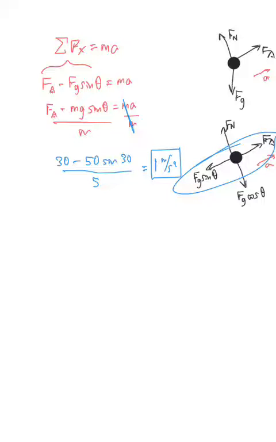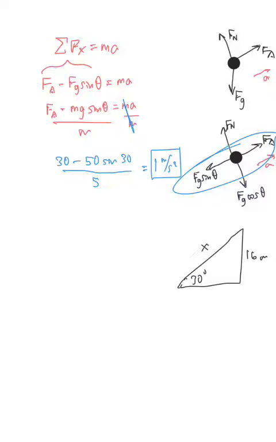Calculate the length of the ramp using trigonometry is the next part. So if we have this ramp, and we know the angle is 30 degrees, we know the height of the ramp, which was 16 meters, and we want to solve for the length, which is that side x over there.